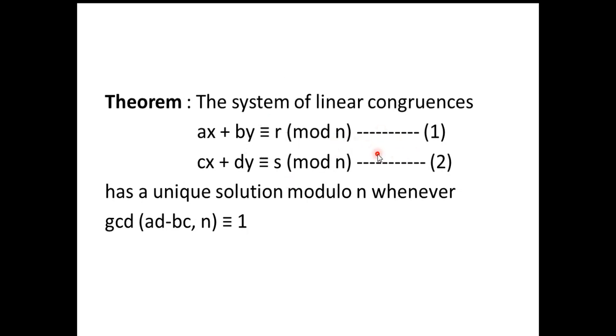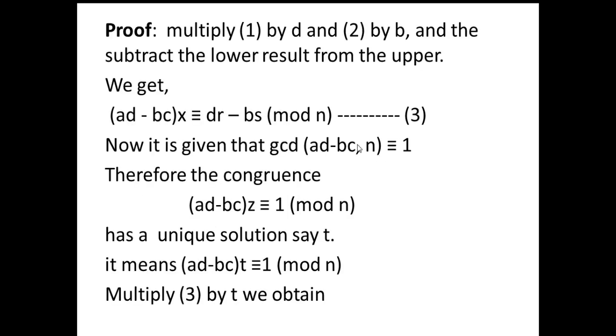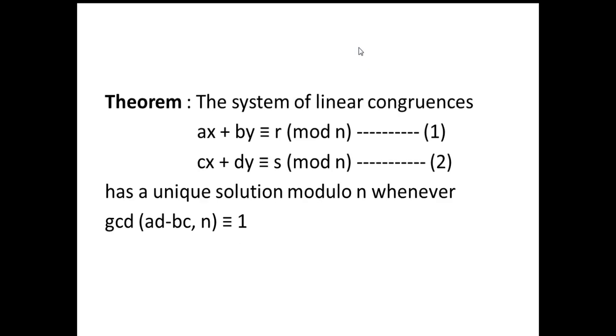We will prove this by the method of elimination. Suppose this is the first and this is the second equation. We multiply the first equation by d and the second by b, and then subtract the second from the first.